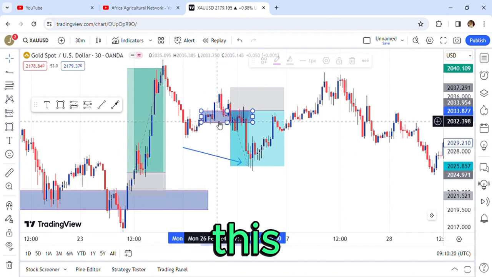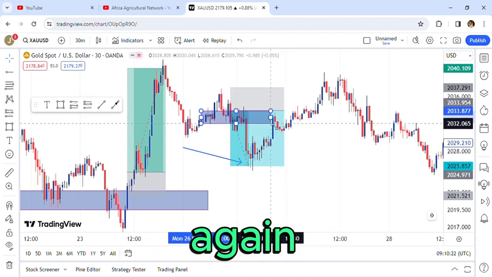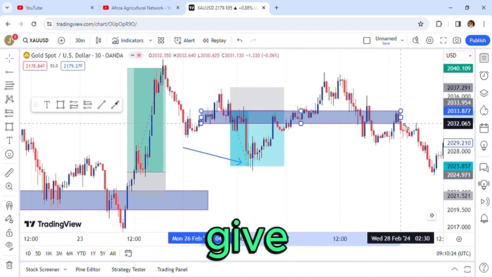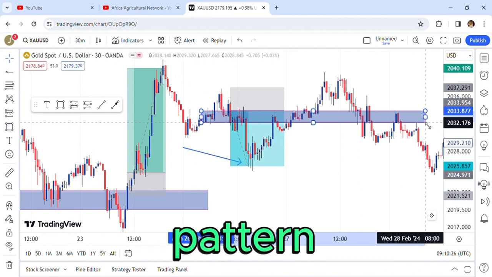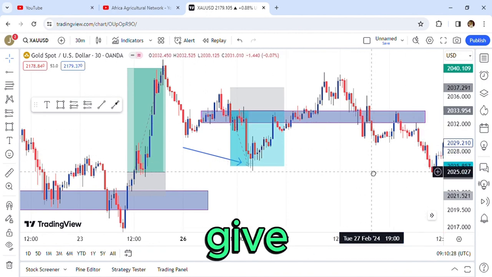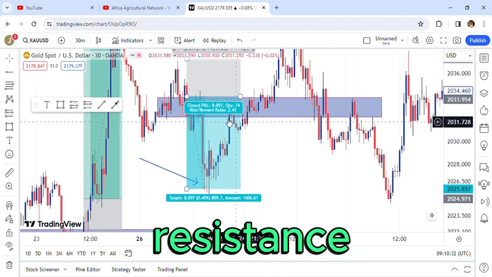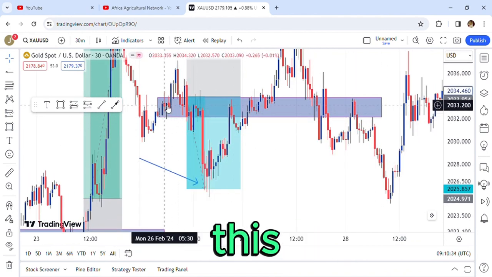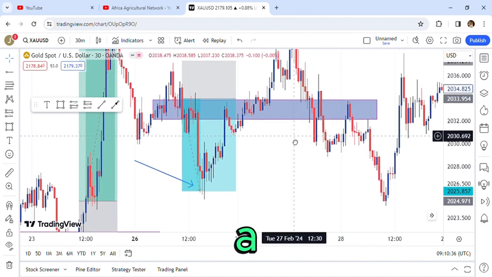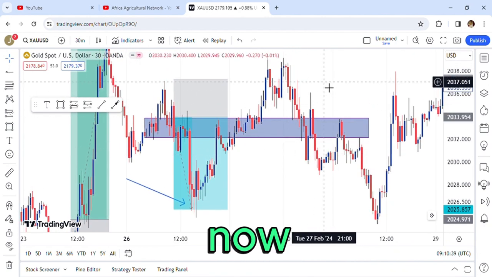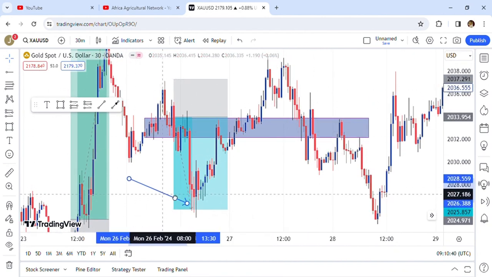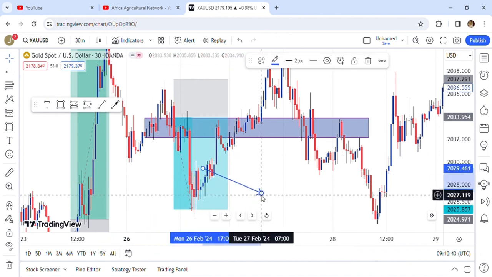Trust me on this. Let's try stretching this again further into the future and see if it will give us another head and shoulder pattern, or if it will give us areas of resistance to show us that this area has been respected as a supply area. Now, something interesting here.